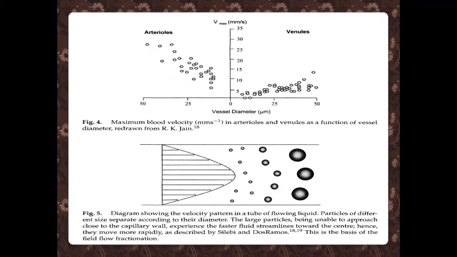The velocity pattern is the speed at which the fluid or the blood is traveling through the tube. Here is the direction of flow, and these are the suspended particles in the fluid. Particles of different sizes are suspended here in this fluid, and they separate according to their diameter.